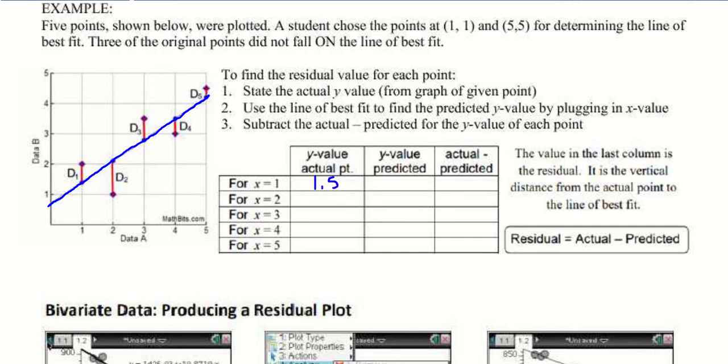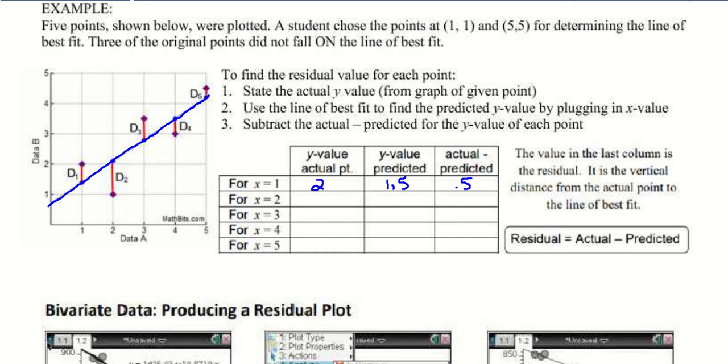To find the residual, state the actual y value from the graph of the given point. So the actual y value is this point right there, which is 2. The predicted y value is what you get from the line, which is 1.5. And the difference is 0.5, and it's positive.